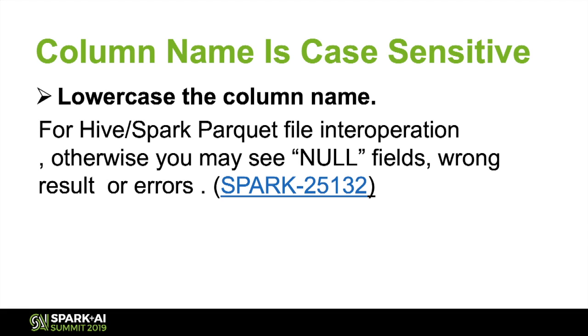So we suggest using lowercase for the table schema to avoid such issues caused by column name case sensitivity. Otherwise, you may see an error if the table DDL uses uppercase while you try to select data with a lowercase column name. The worst case is that it may return a wrong result and cause a data issue.